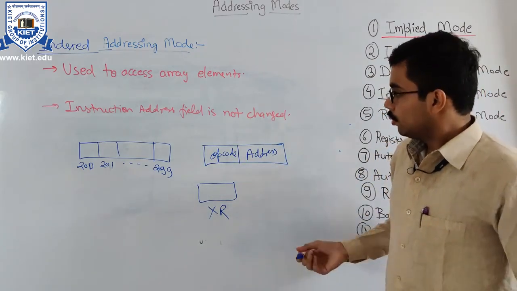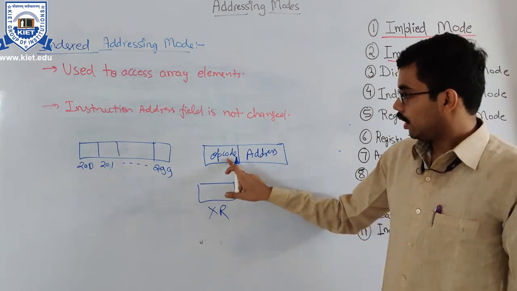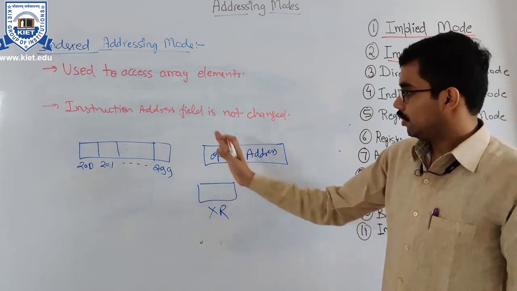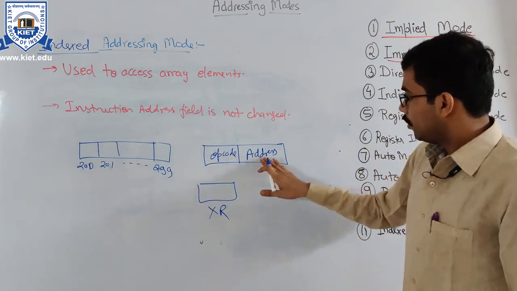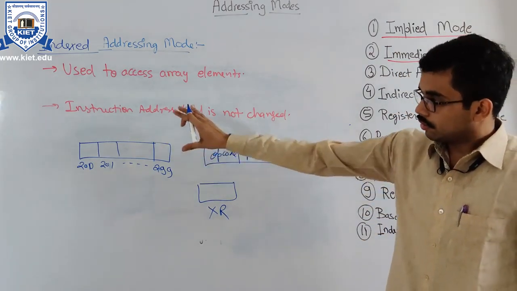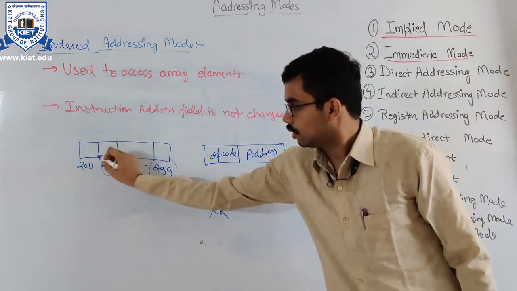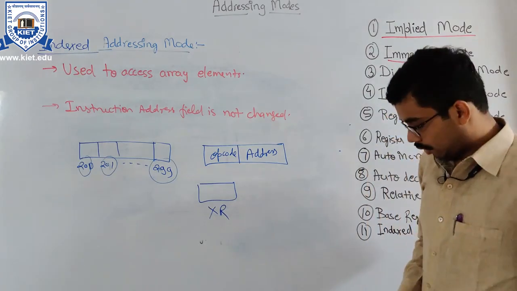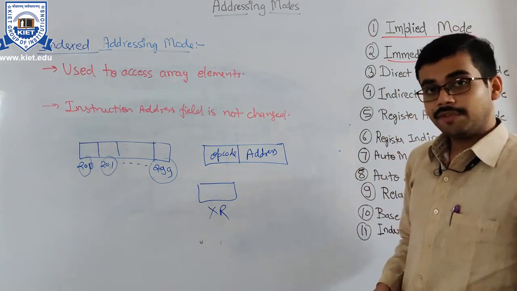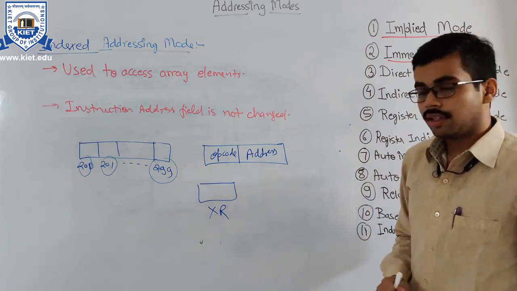Here we have an opcode, which tells us to access the element, but in the address field we have to give the individual address of each location, and every time we have to update it.